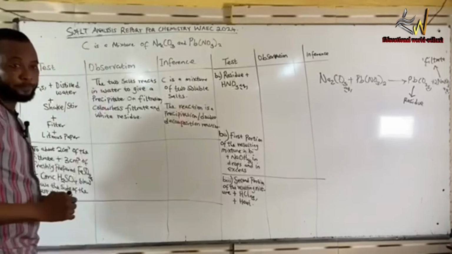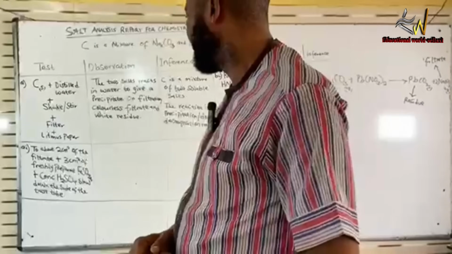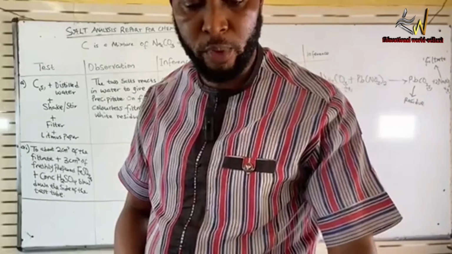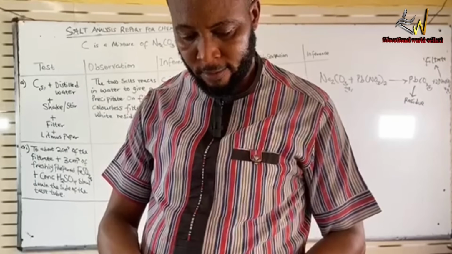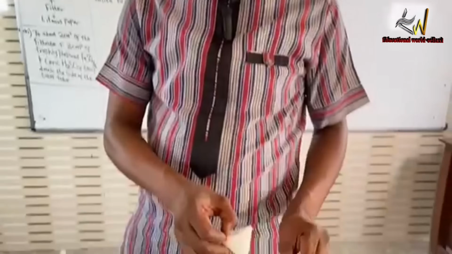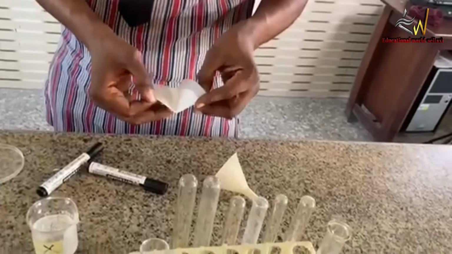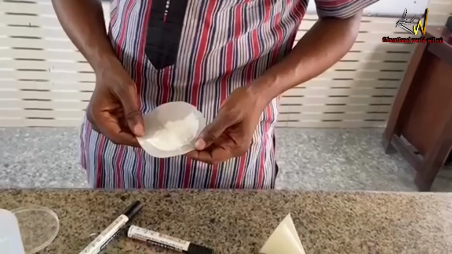So that is done. Now you may also be asked to test your filtrate with litmus papers. Now this is how the filtrates look. Let me open it. You can see the white residue.